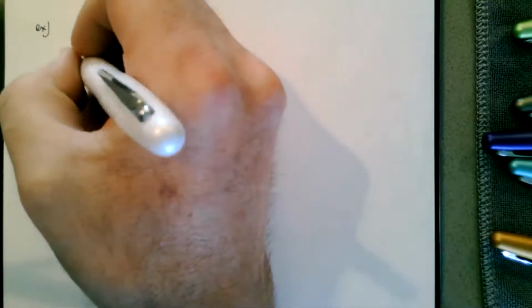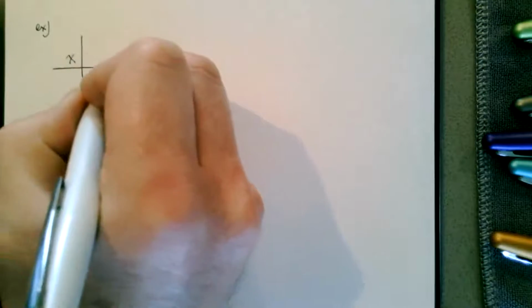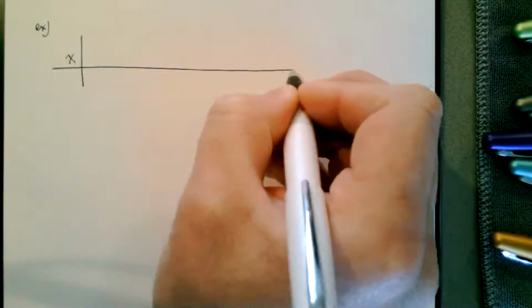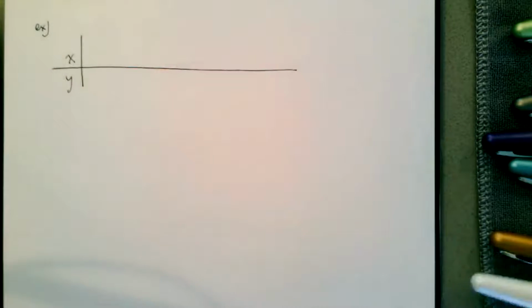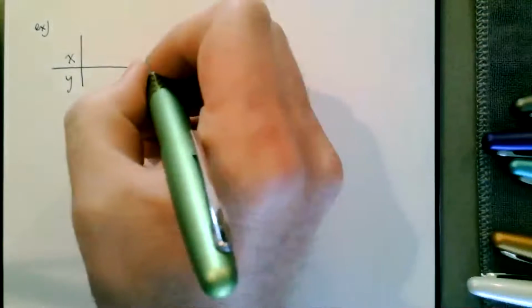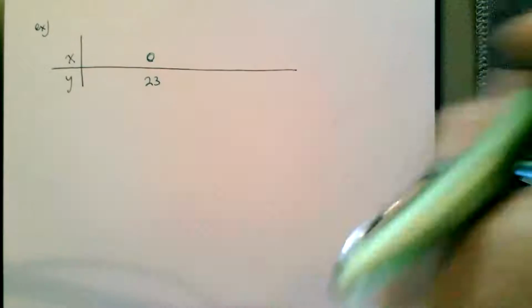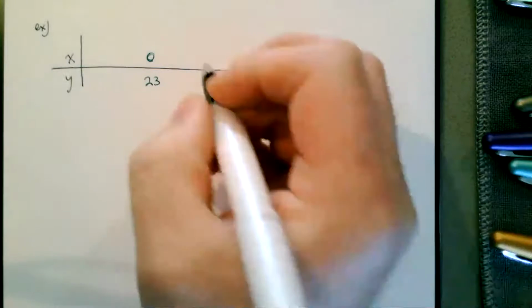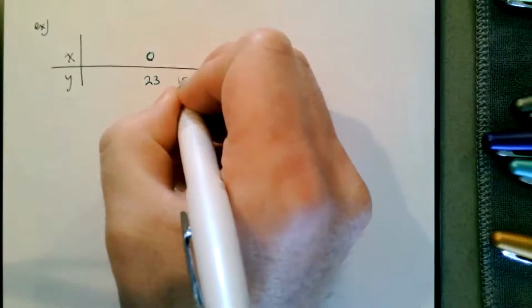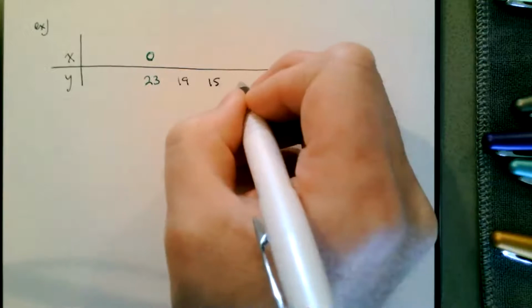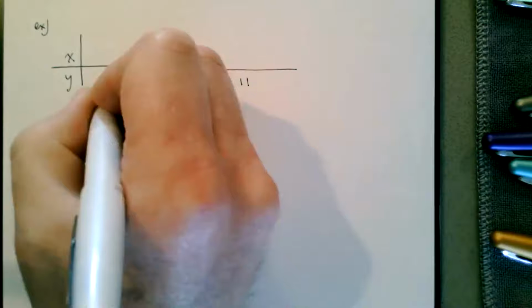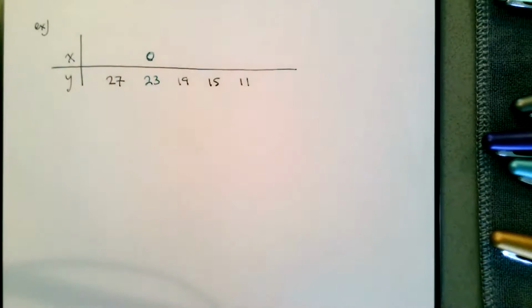Leave a space for an extra line in the table above the x's. I'm going to still start off at 0 and 23. Y is still going to decrease by 4, but I'm going to change the step size.